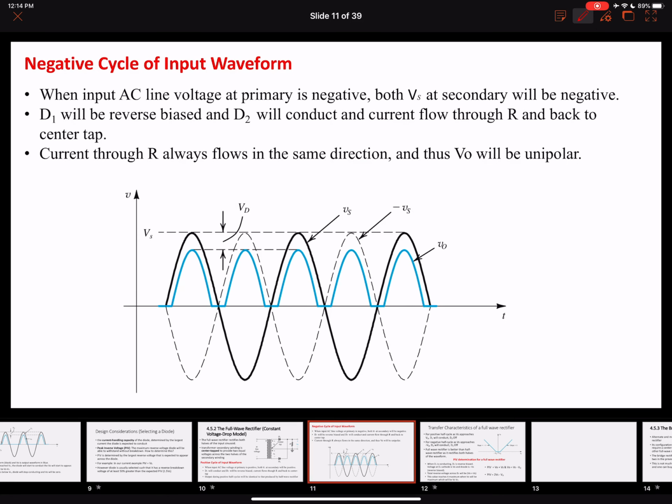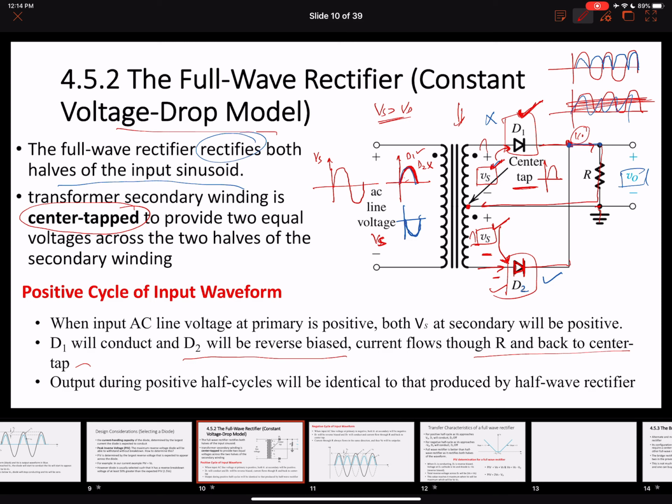Similarly, during the negative cycle, both of these VS will become negative. So this means that when this VS becomes negative, this is going to reverse bias D1, and this is going to forward bias D2. And now the current will go over here and back to the center tap to complete the circuit.